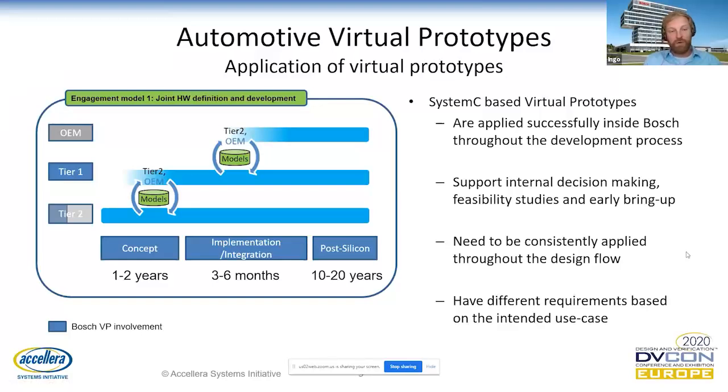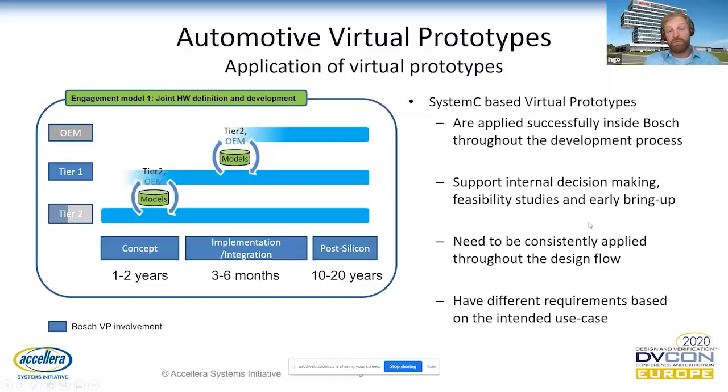The focus in these early phases, and the engagement model depicted here engages us very early in the development flow, is mostly on doing feasibility studies, supporting internal decision making, and verifying concepts before we enter into the implementation phase where a hardware specification is available, so we know in principle what to do. Then we take these virtual prototypes and bring up our software, bring up OSs, bring up the tooling, do all the things you can do before the hardware is really available, which is quite a lot.